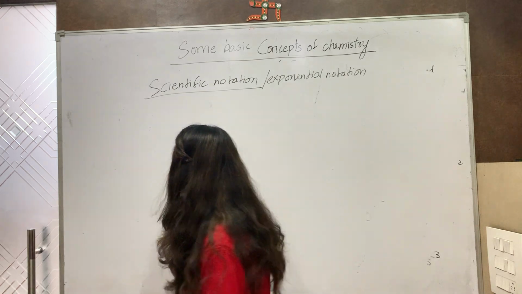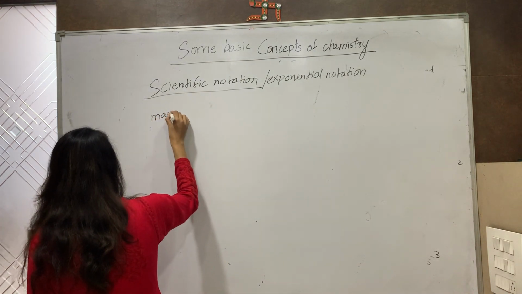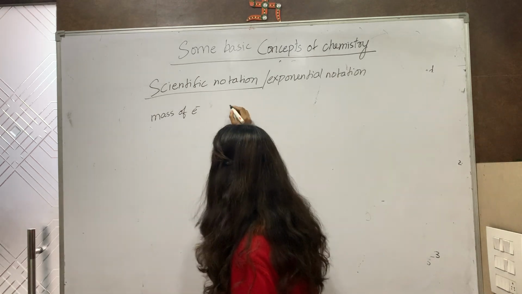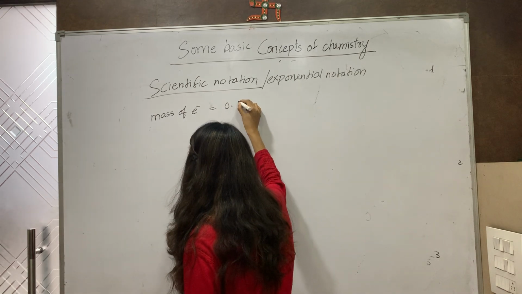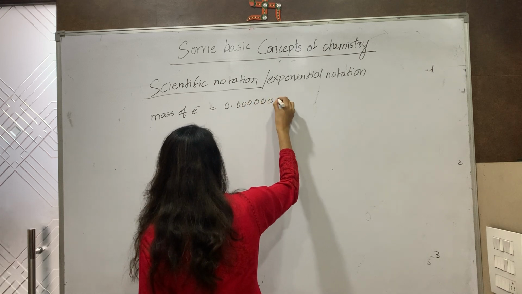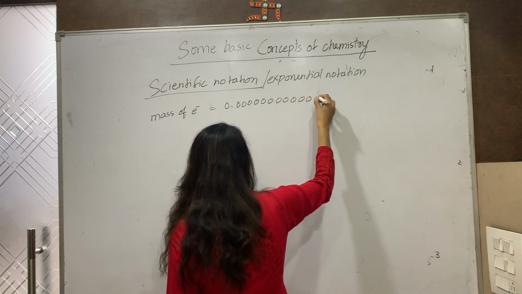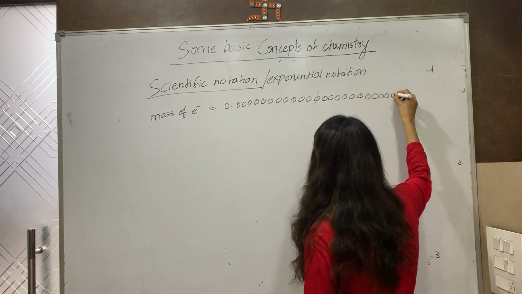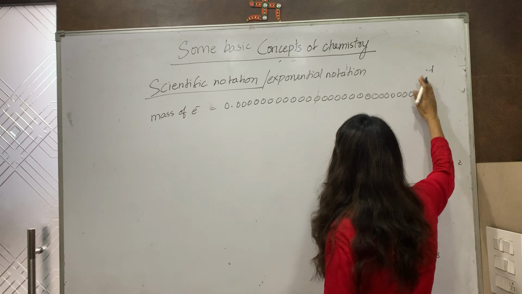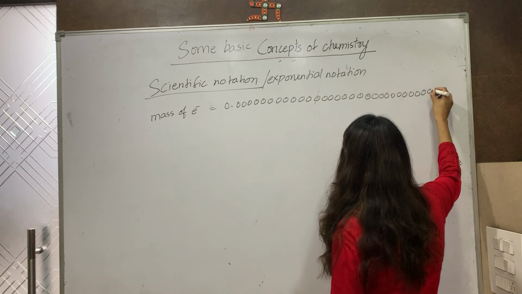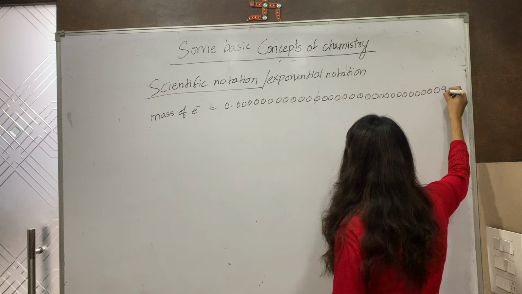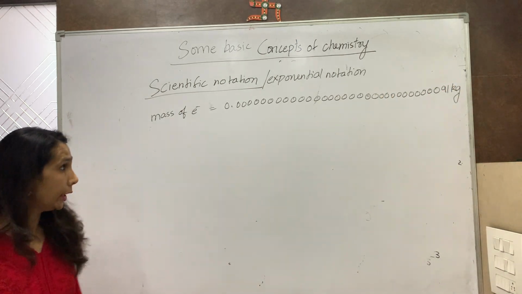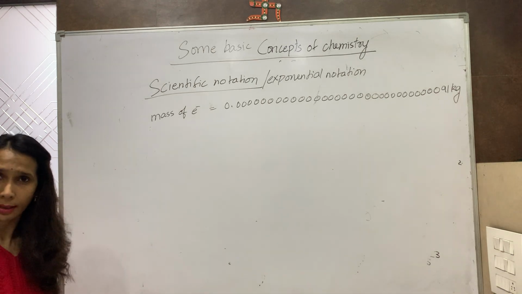For example, when I tell you about the mass of electron, you know electron is a subatomic particle of atom. When I write the mass of electron, it is this. Can you imagine a number being written like this?